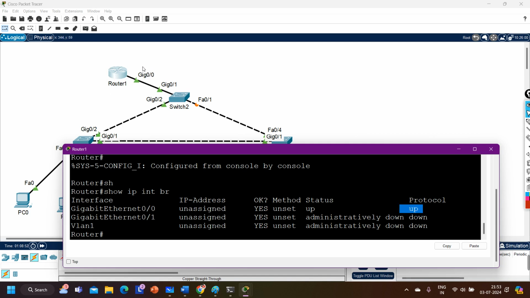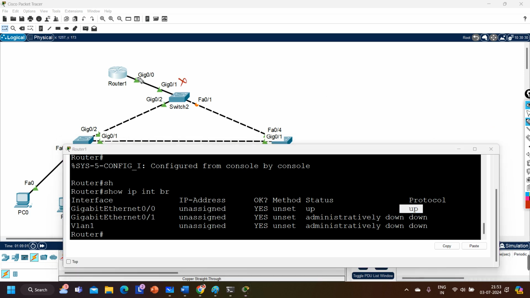Is there any logic to forwarding traffic from 0/0 from router if switch port is down? Right? So if this port is down then router will show line protocol down. And if line protocol is down, then router is not going to forward any traffic from that interface.